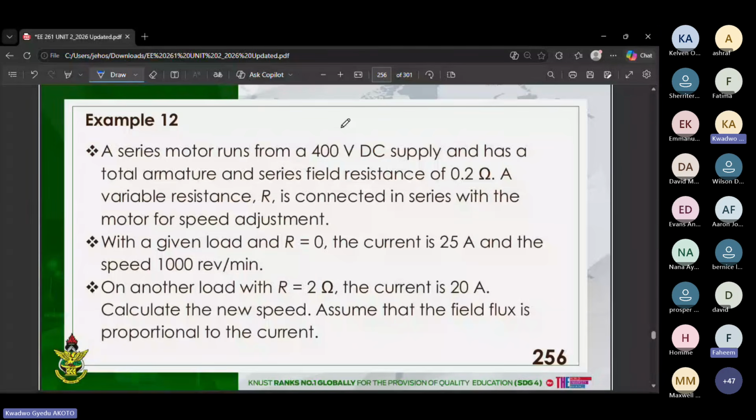So right now our variable resistance has been set to 0. The current is 25 amps and the speed is this. And on another load with R equal to 2, the current is 20 amps. So we have to calculate the new speed for this condition. Assume that the field flux is proportional to the current. Okay.